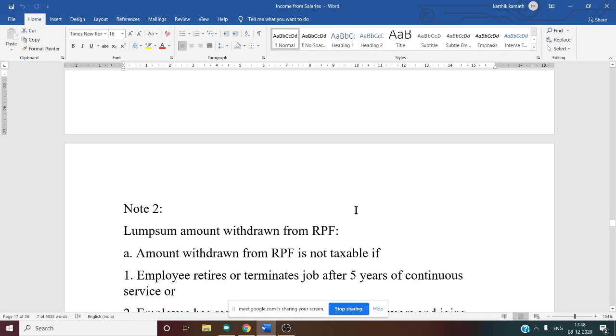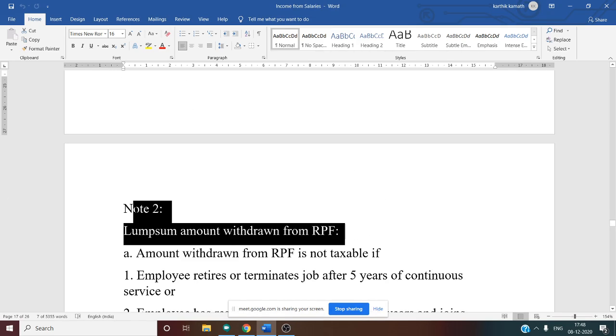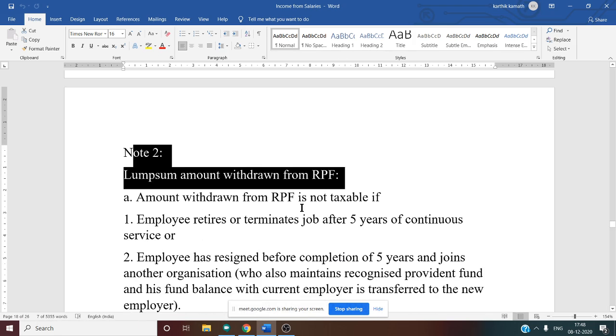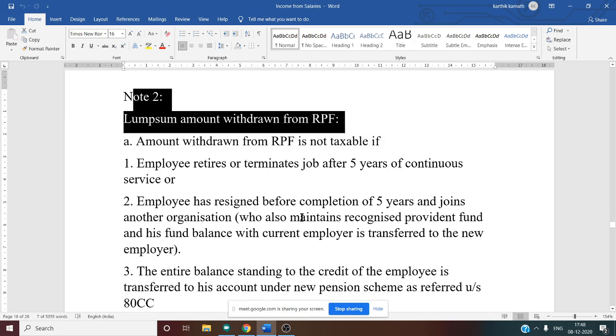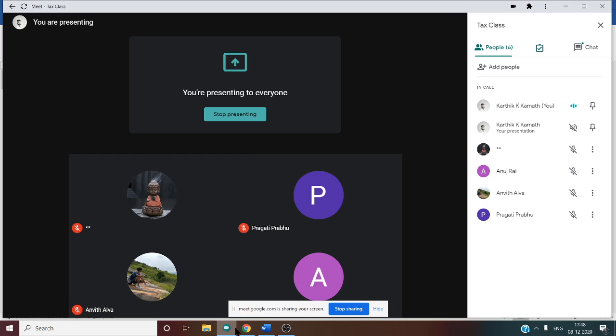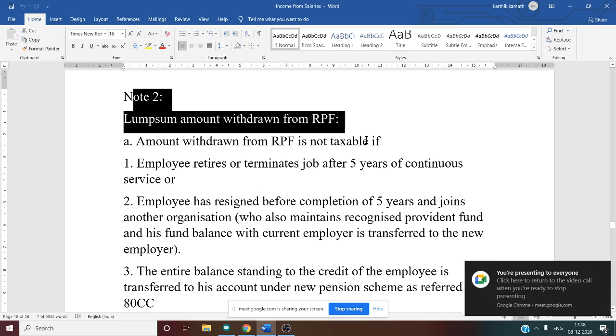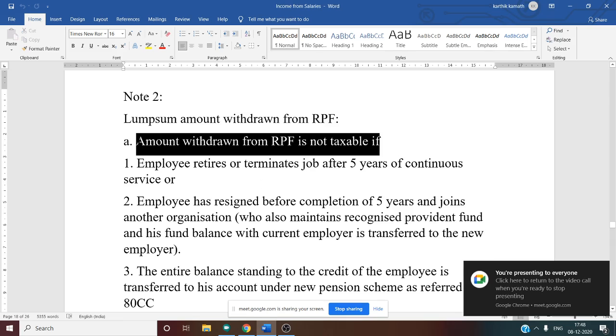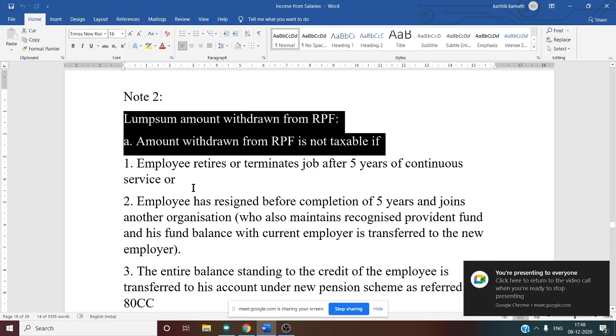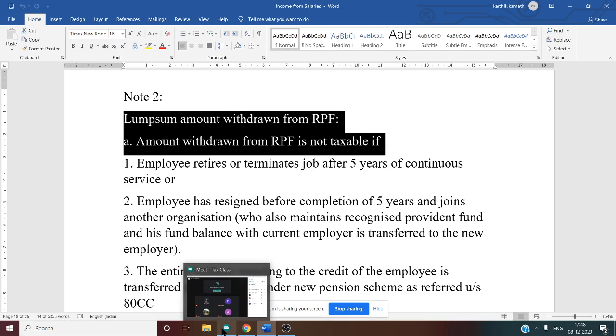Next, note number 2 is lump sum amount withdrawn from recognized provident fund. Again there are 4 sub-points that we have to see. Amount withdrawn from recognized provident fund is not taxable. Usually an RPF-eligible employee's withdrawal is eligible only after 5 years.